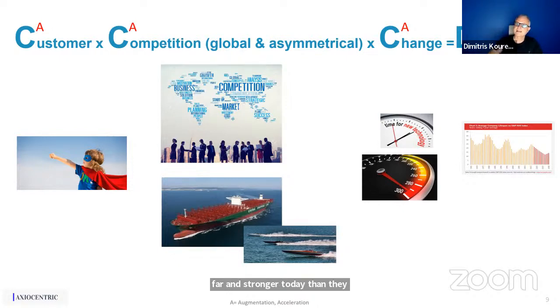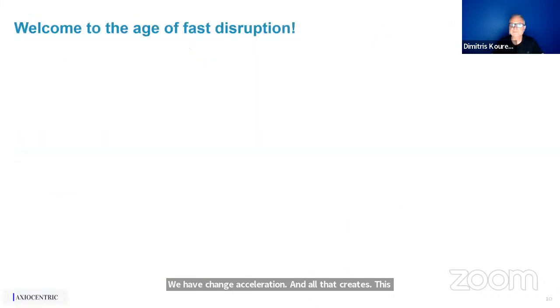And this strength keeps increasing. You have competition augmentation. It becomes bigger and stronger all the time. We have change acceleration, and all that creates disruption. So welcome to the age of fast disruption.